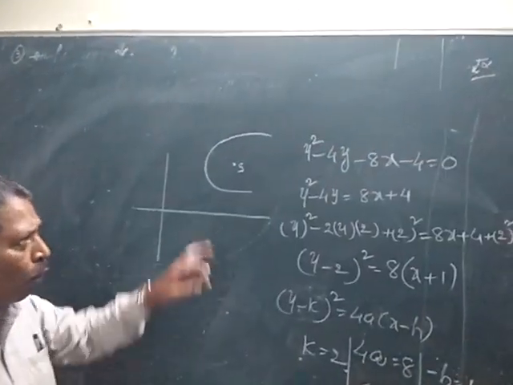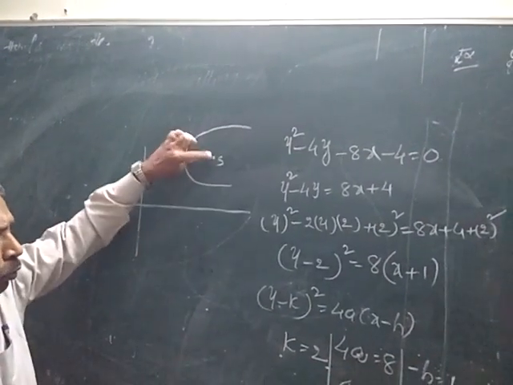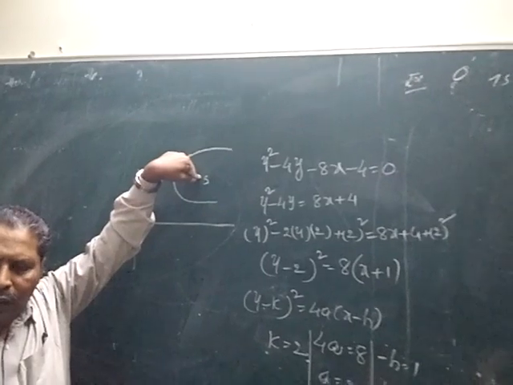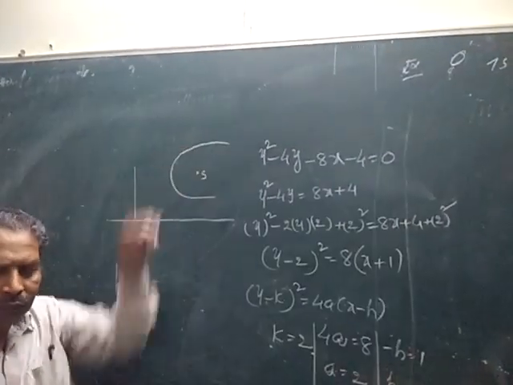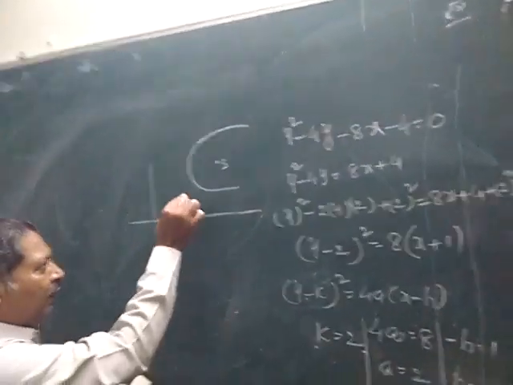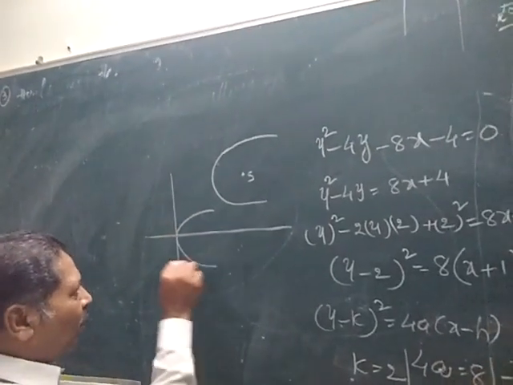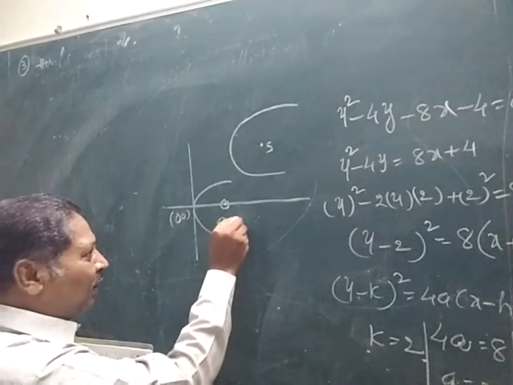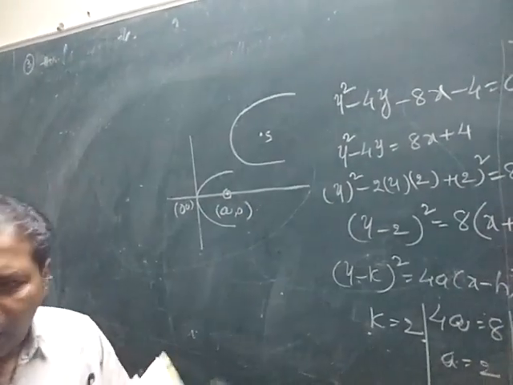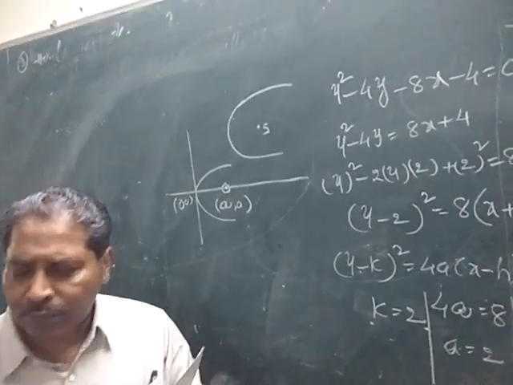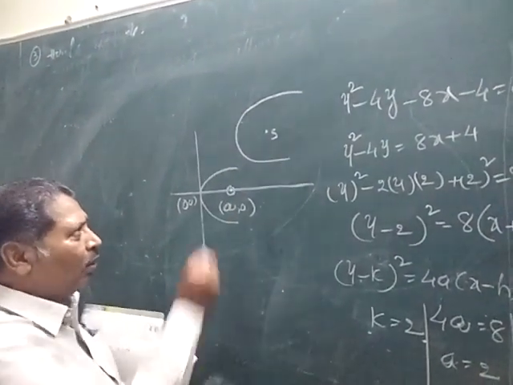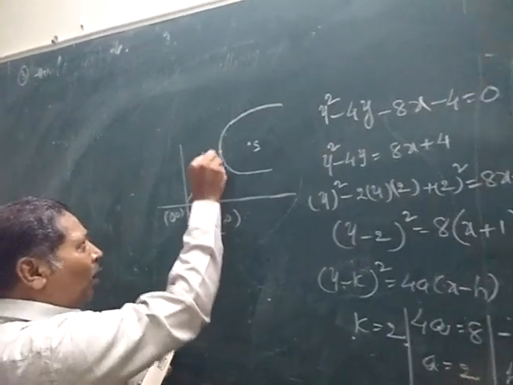We want the focus of this parabola. For the standard parabola, the vertex is 0, 0 and the focus is a comma 0. We want this answer. Here the vertex is h comma k.